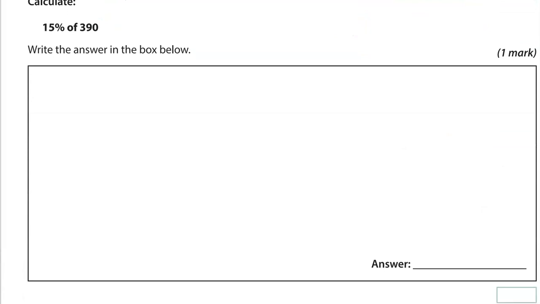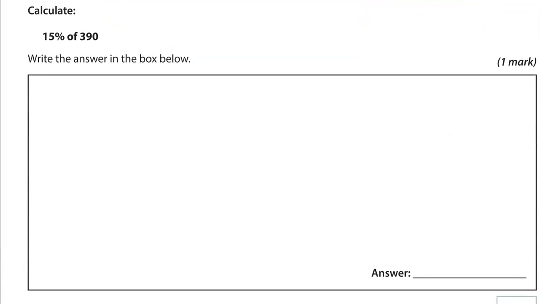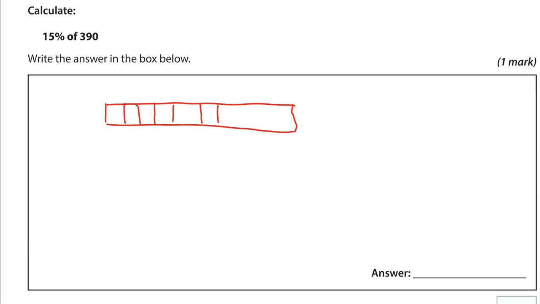Calculate 15% of 390. So if I quickly represent 390 here, and I'm going to split this into 10 equal parts. So just one of them will be 10%. So in total, this is 100%.